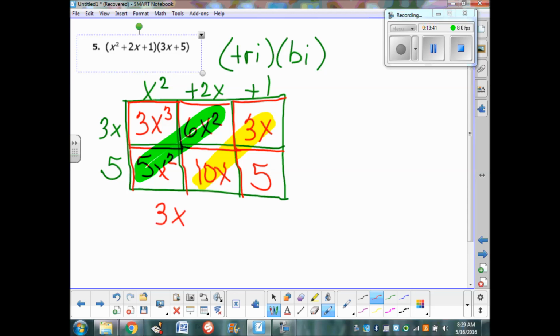So 3x to the third. Now I combine my x squareds, and I end up with 11x squared. 10x and 3x, 13x. And then plus 5. Okay?